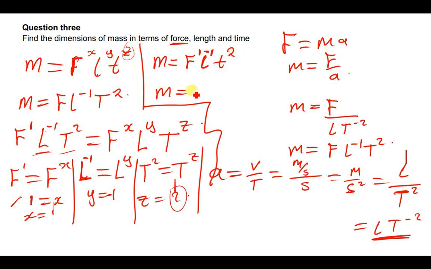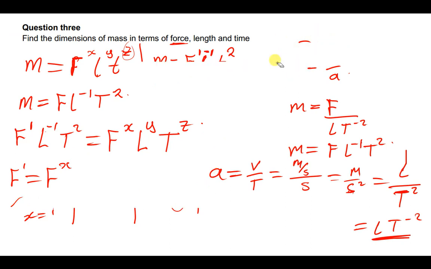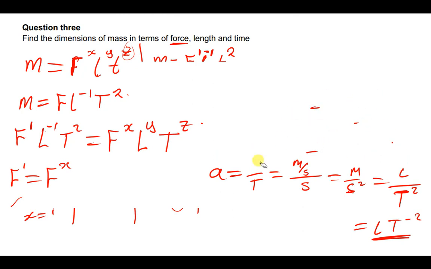Therefore, m is equal to F t squared over L. This is the answer they wanted. Let me just write it properly. So m is equal to F L to the power -1 t to the power 2.